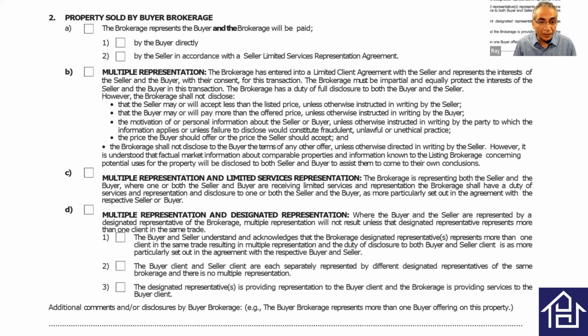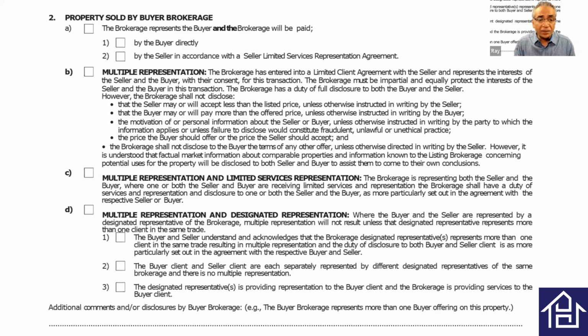Number 2 talks about the fact that buyer and seller client are separately represented by different people at the same brokerage, which is not a multiple representation because there are 2 salespeople representing 2 individuals, and both of those are designated representation. Therefore, you don't have a multiple representation.